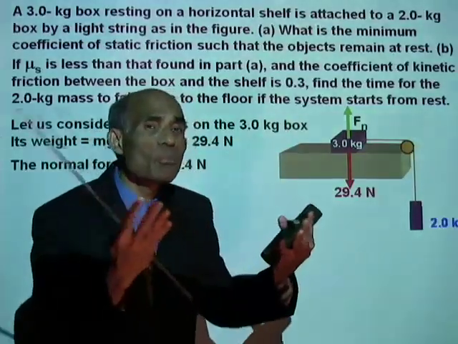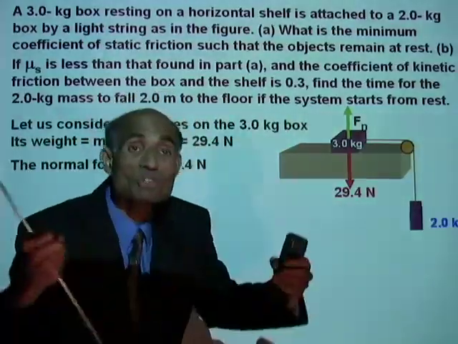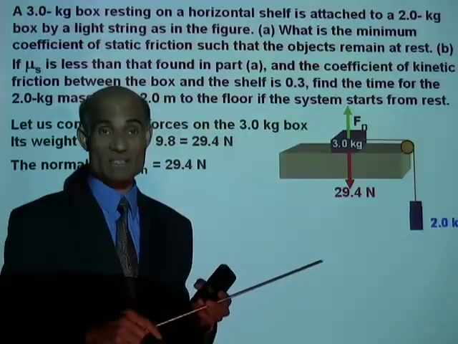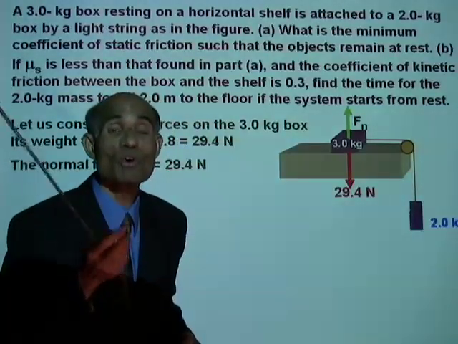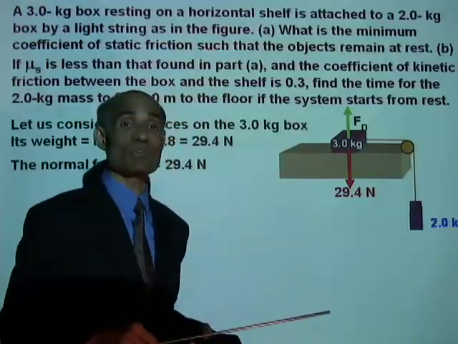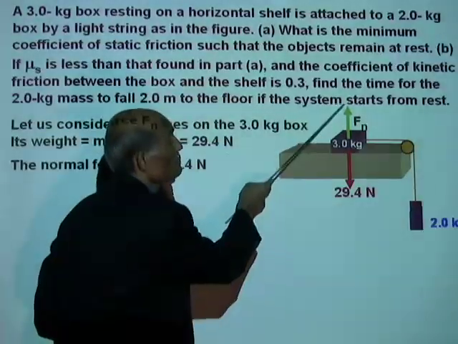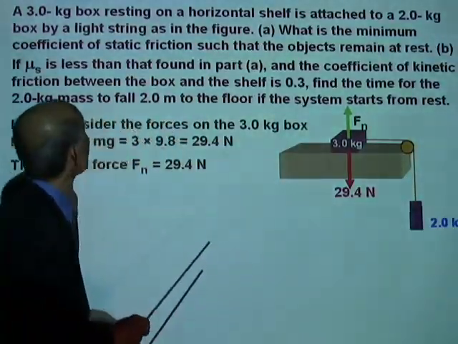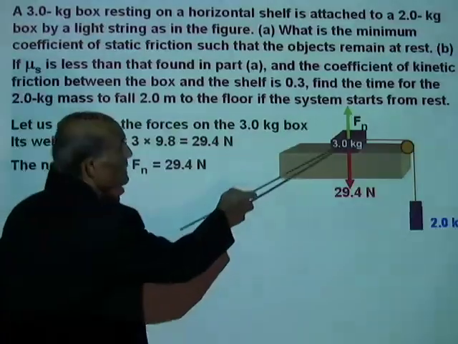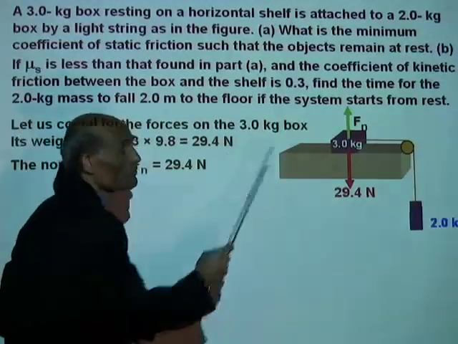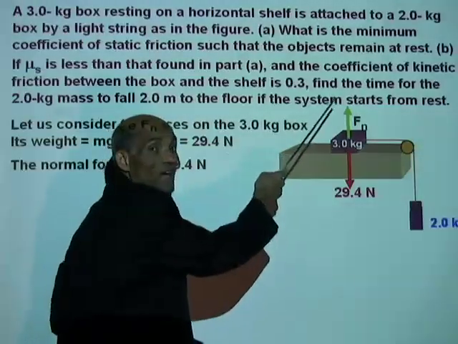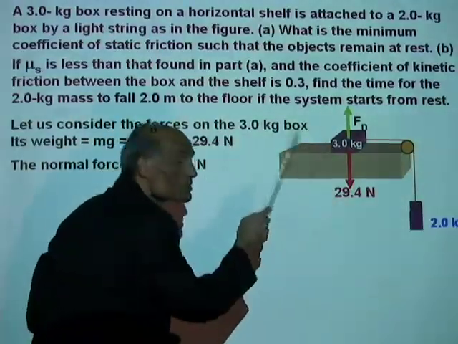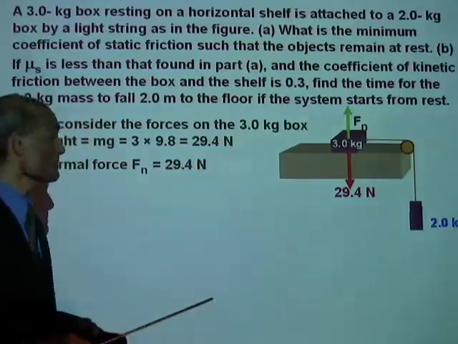They really don't play a role in the motion of that box, do they? No. But you need them because we need the normal force to calculate the frictional force. So, the two vertical forces acting on the box are the weight 29.4 acting vertically down, and the normal force Fn, which is equal to 29.4.